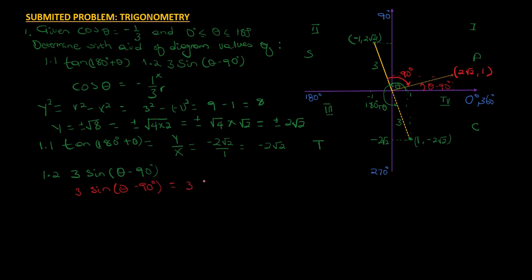We have 3, and we need to evaluate our sine function from there, multiply. So it's y divided by r. That is the ratio for our sine angle. So now we're multiplying 3 by, what is the value of our y?